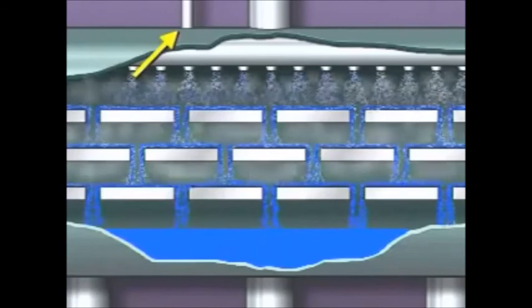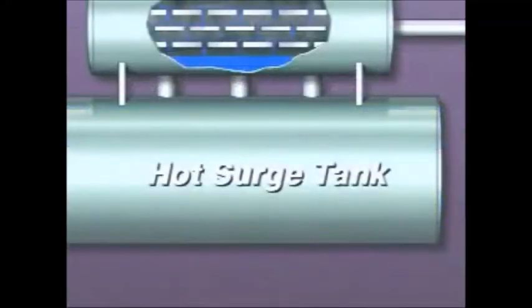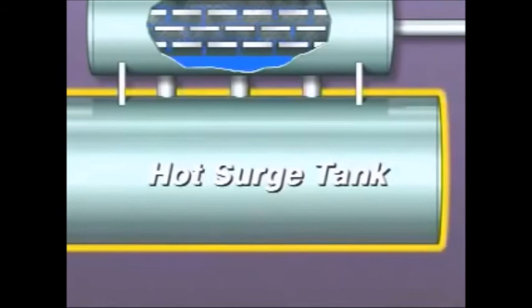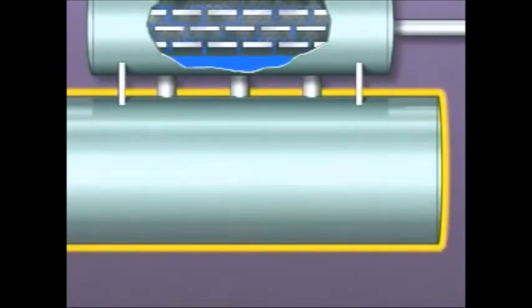The vent may vent directly to the atmosphere, or it may connect to the main condenser or to a vent condenser. The hot surge tank, which may also be called a feed water storage tank or a deaerator storage tank, receives the condensate from the bottom of the deaerator.